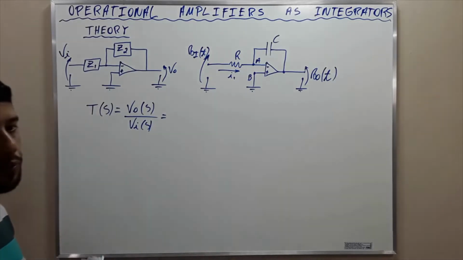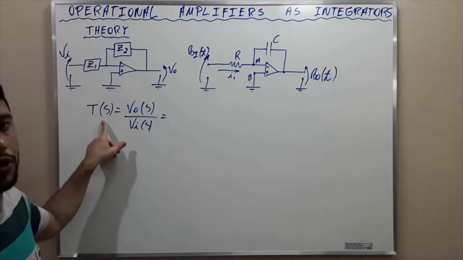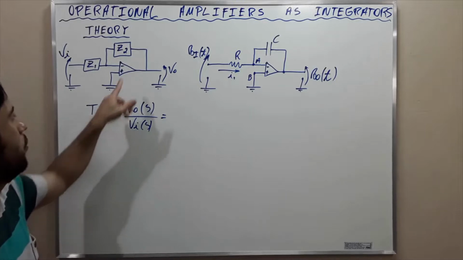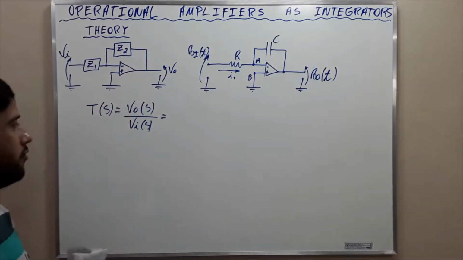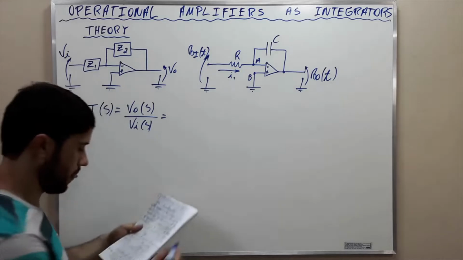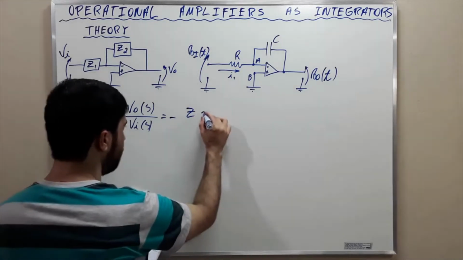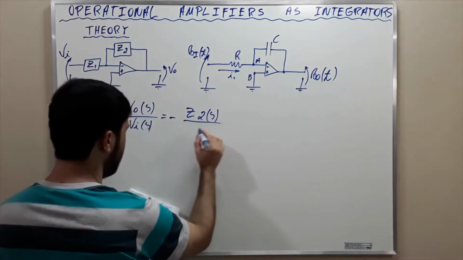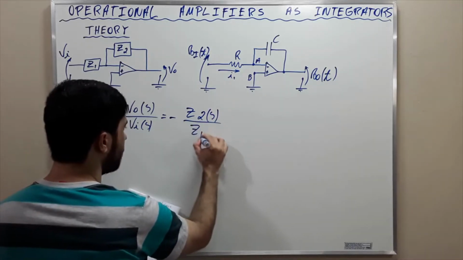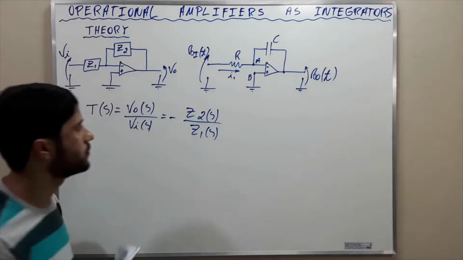We wish to express the transmission with respect to the impedances. Then it is going to be the negative of Z2 divided by Z1 of S. Okay?